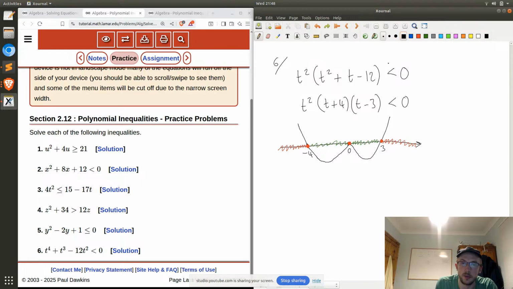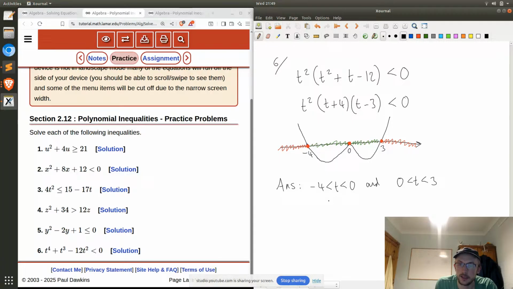All right, so here we go. Answer. -4, 0, t in the middle, signs like that. And 0, 3, t in the middle, signs like that.